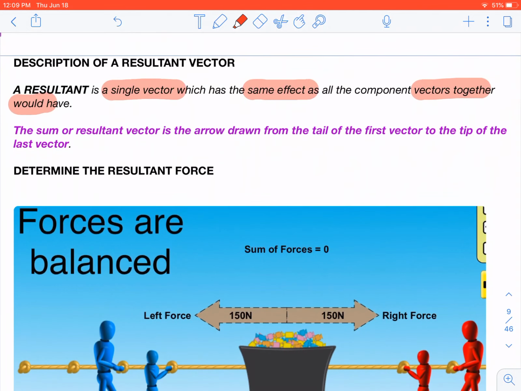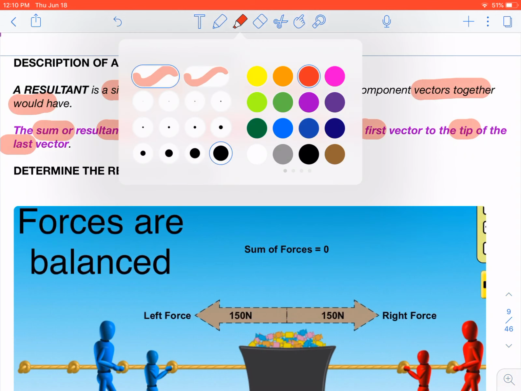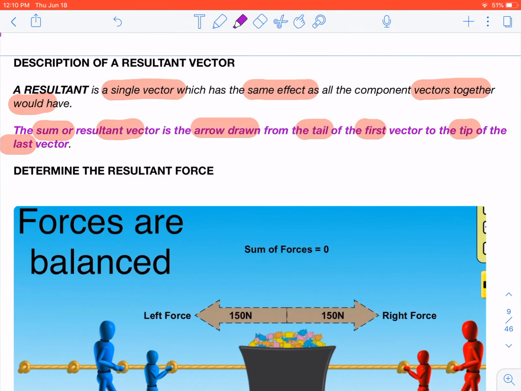Here we say the sum or resultant vector is the arrow drawn from the tail of the first vector to the tip of the last vector. So from the tail of the first to the tip of the last vector. Okay.